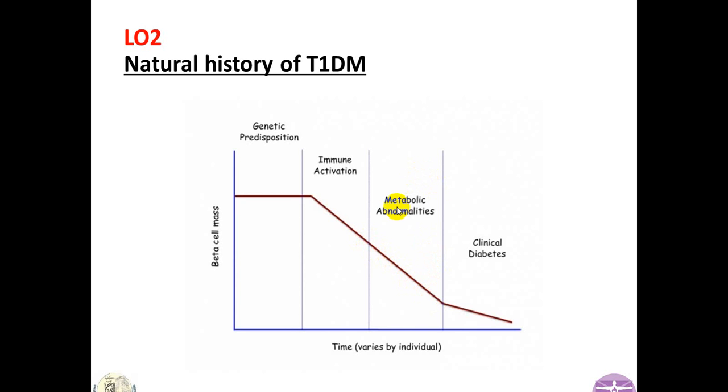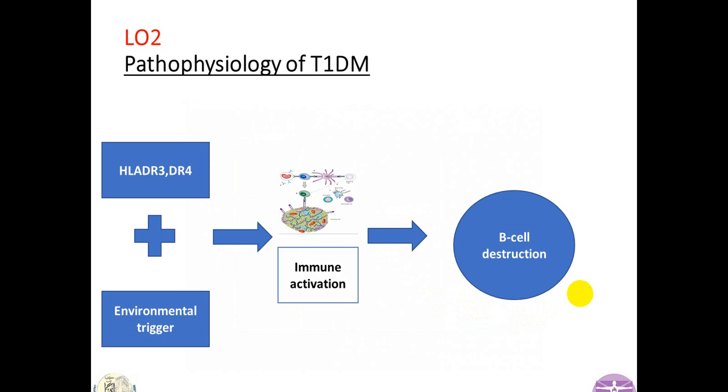And finally, when the number of beta cells is too low to produce insulin, there will be a state of insulin deficiency at this point, and there will be clinical diabetes. The patient will have the symptoms of diabetes, the classical triad that I will talk about later on.